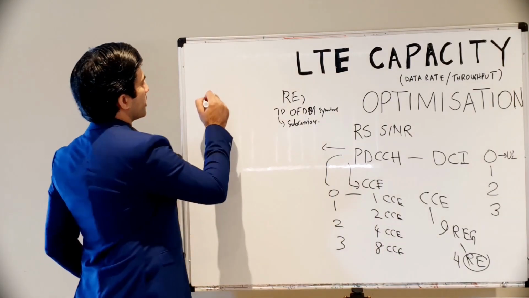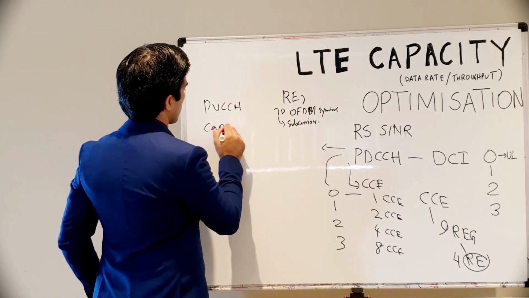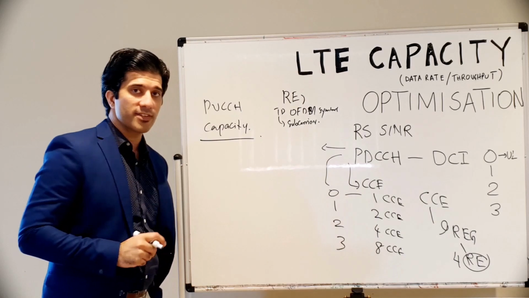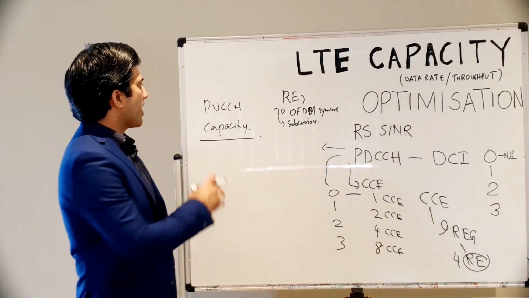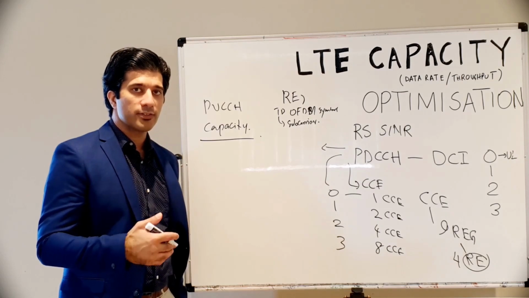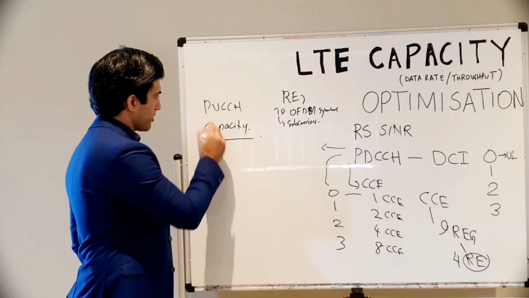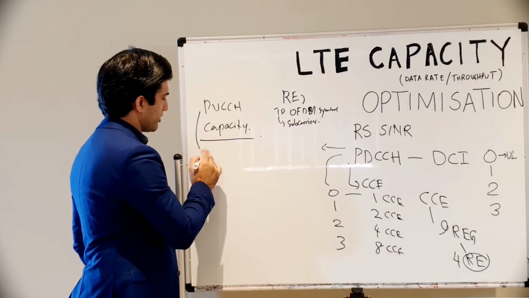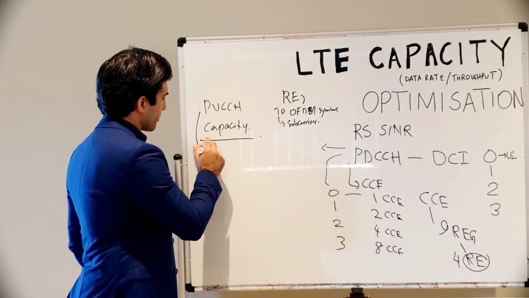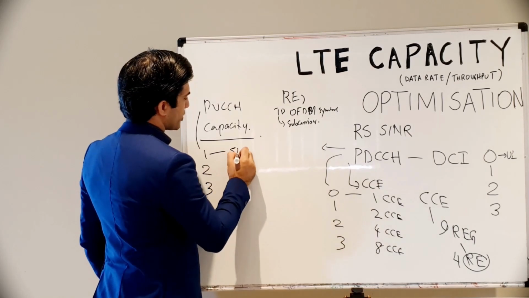Then we have our PUCCH capacity. That is your physical uplink control channel, and it also affects your throughput, because there are formats for this as well, like 1, 2, and 3. In the first format you basically have your scheduling request.